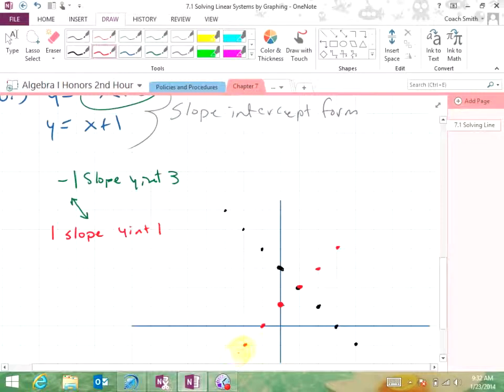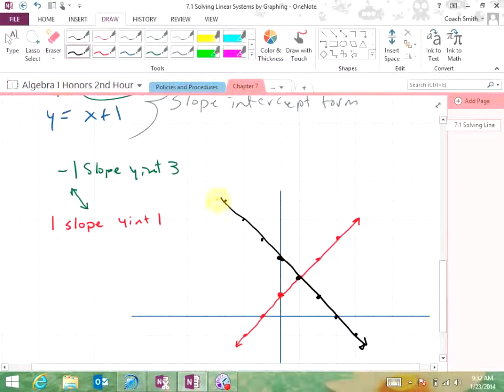So if I draw the lines there, and then this one here, okay, there's your point of intersection right here. So we're saying then that our point of intersection is 1 and 2, right? So 1 and 2.